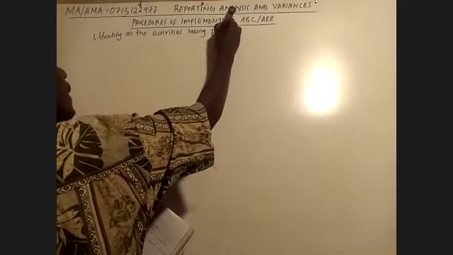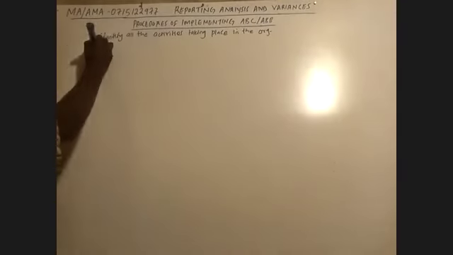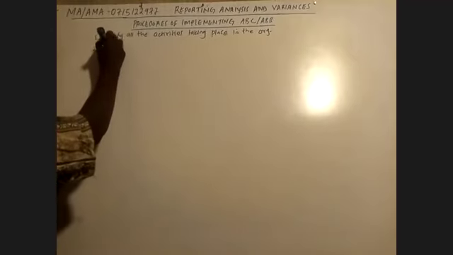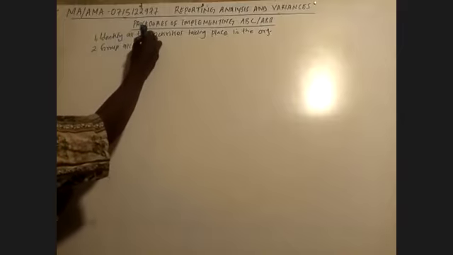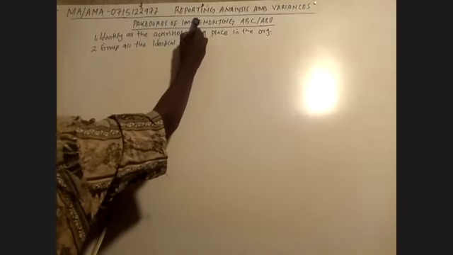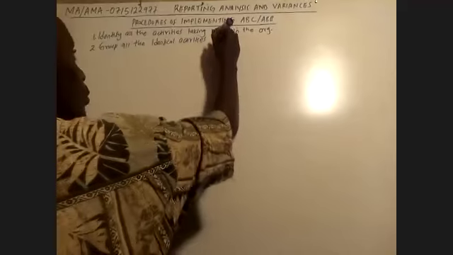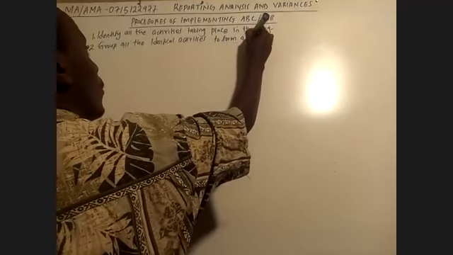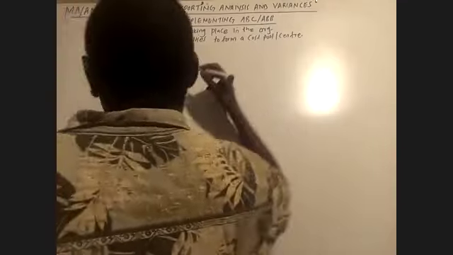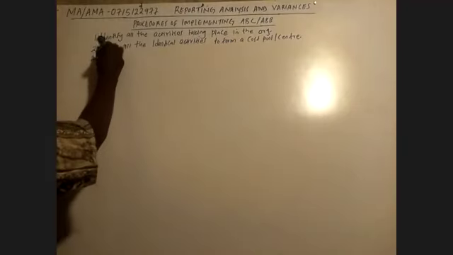You identify all the activities, and then group all the identical activities to form a cost pool, or a cost center, whichever you want to use, it is the same thing.